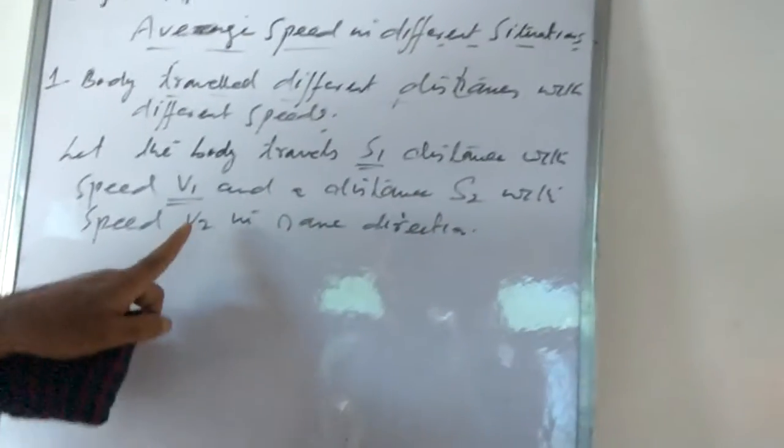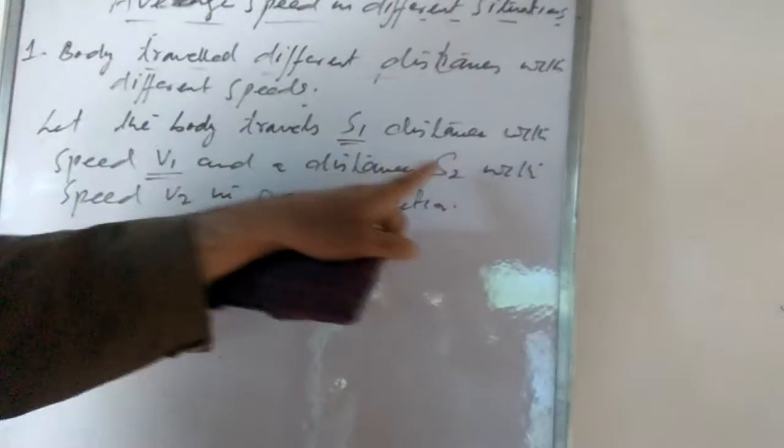That means s1 is the distance traveled by the body with a speed of v1 and s2 is the distance traveled by the body with a speed of v2. That means different distances are traveled with different speeds.